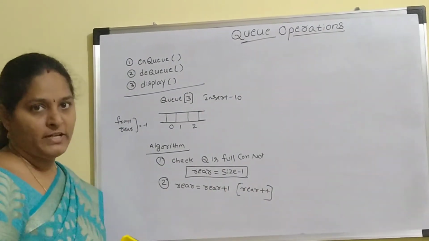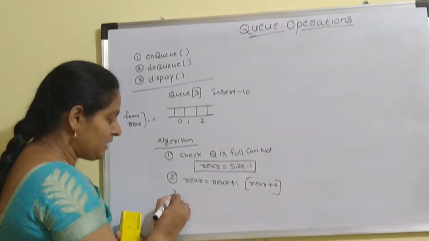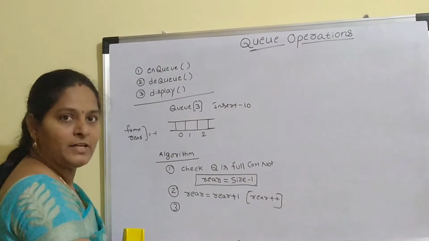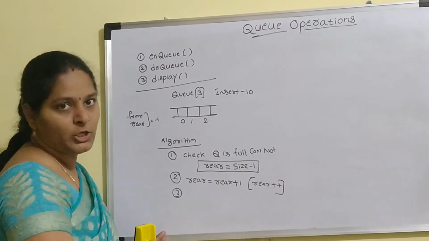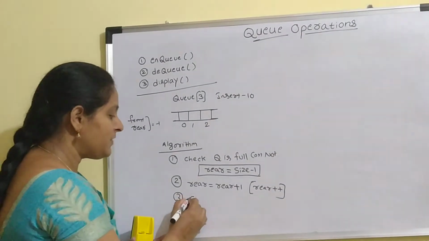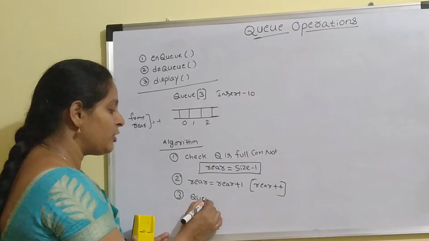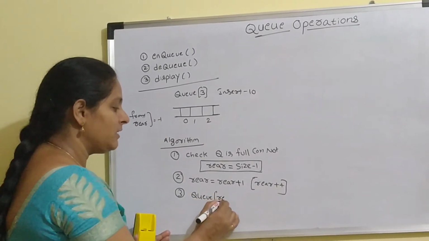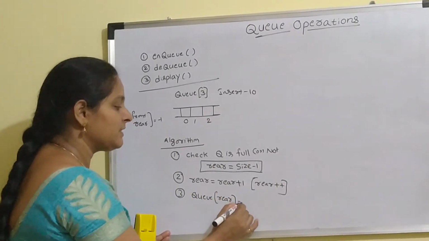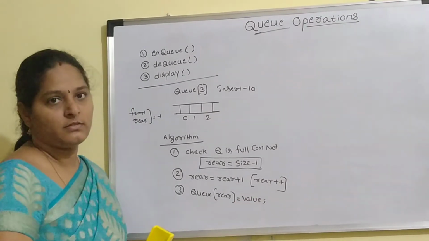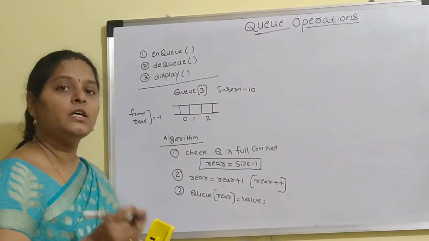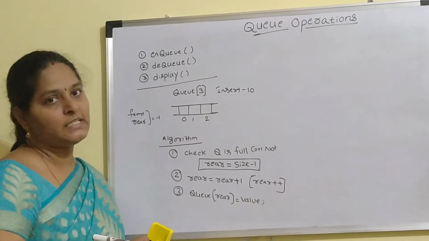Increment the rear pointer by 1. If you increment the rear pointer by 1, it means the rear pointer points to the next available location. After that, wherever the rear pointer is pointing, at that index insert your value, whatever value you want to insert. Because from the rear end only we can insert the elements.